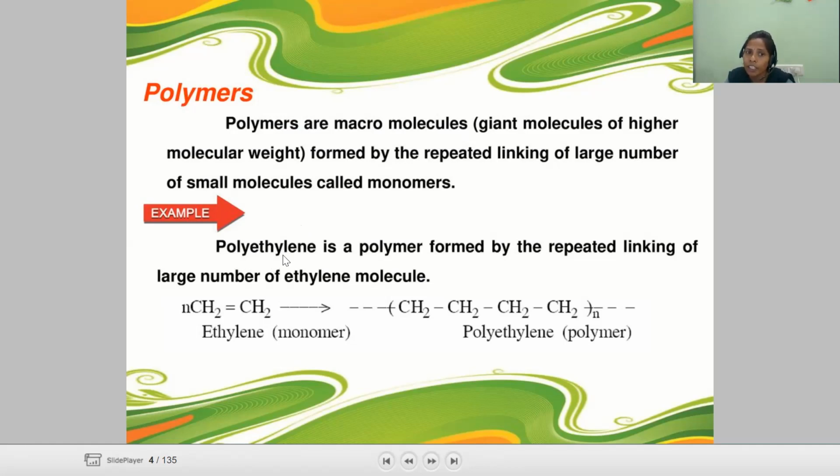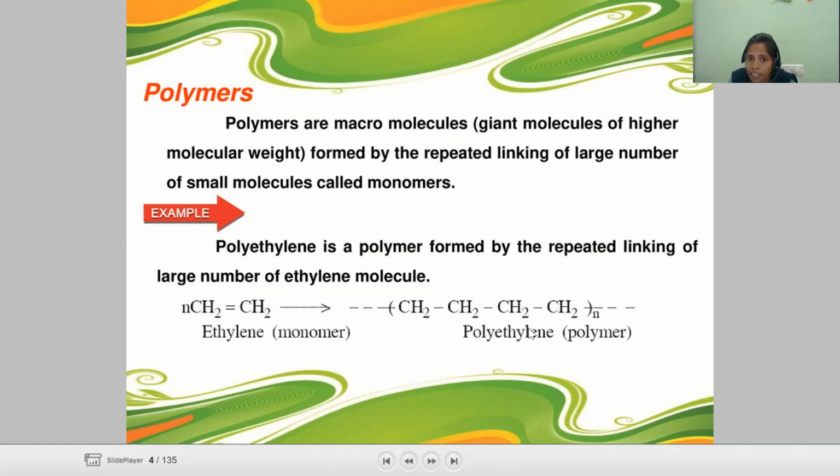Let us see how polyethylene is forming based on the reaction. So this is ethylene, but this ethylene is also called the single unit, that is the monomer. But we know that a large number, here n number, of monomers combine to produce a polymer chain.